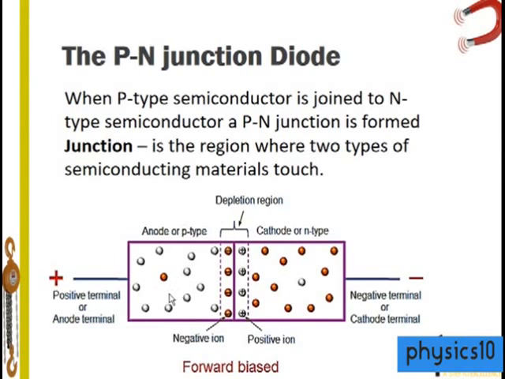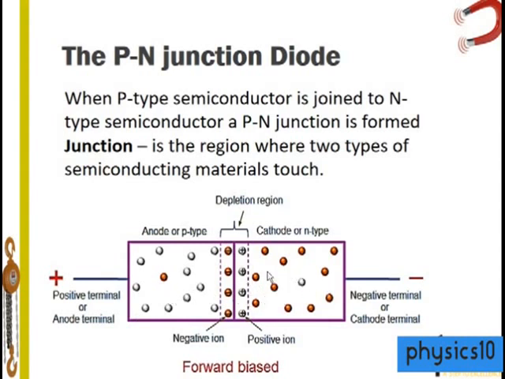So effectively, the free electrons on the N side of the junction are going to be attracted to the positive holes on the P side. Now what will happen is that the holes from the P side will move towards the N side, and the electrons from the N side will move towards the P side.